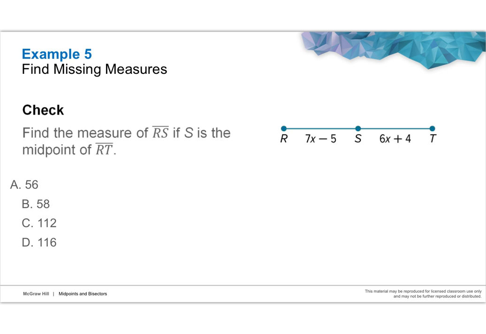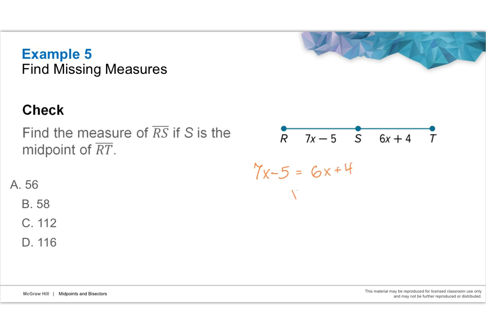Now we have our variables not applied to coordinates, but applied to expressions for the value of the segments. Check for example 5, it says S is the midpoint of RT, which means that the expressions for RS and ST can be set equal to each other.